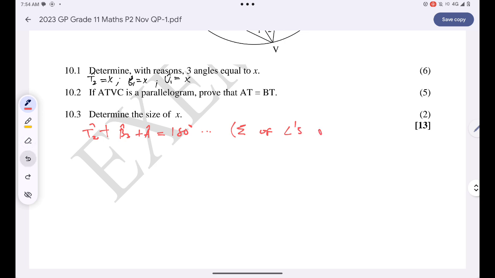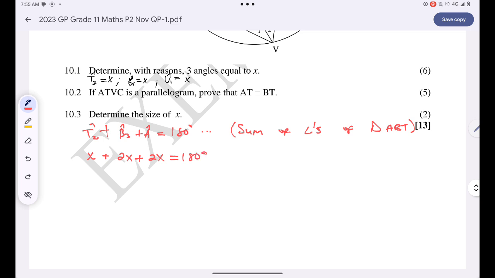Sum of angles of triangle ABT. Angle T2 is equal to x, angle B3 is 2x, angle A is 2x.